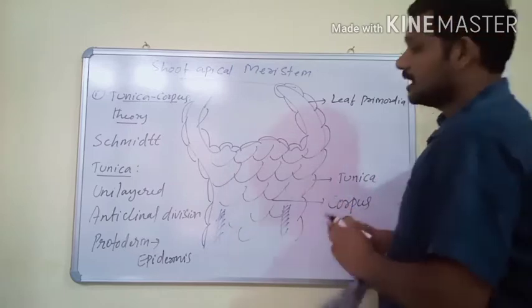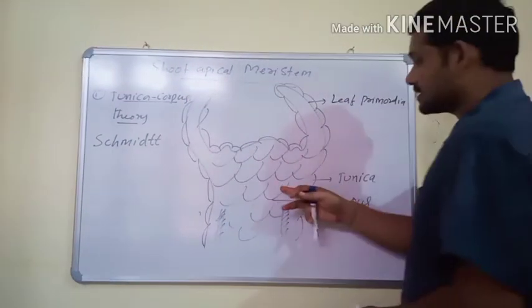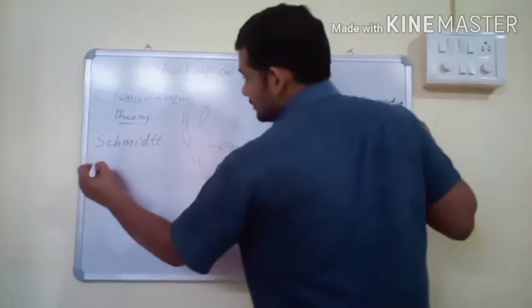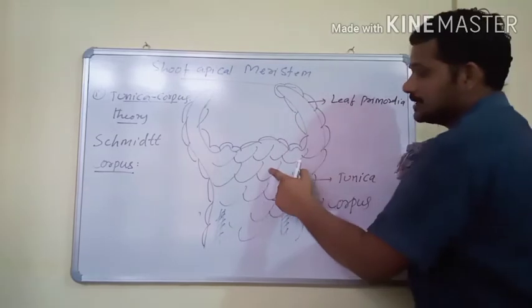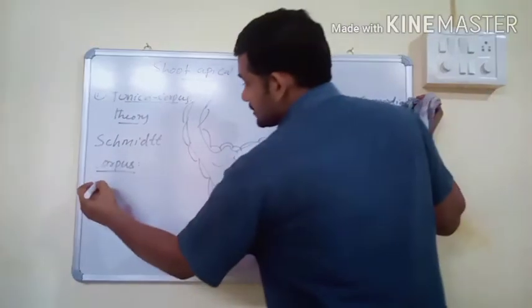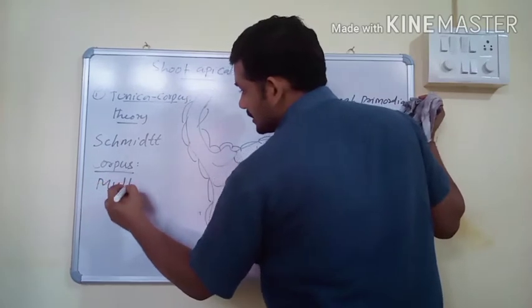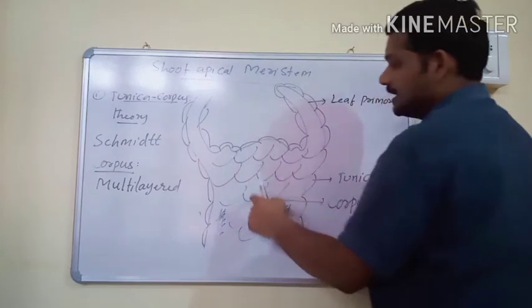Next, corpus. The inner region of the shoot apical meristem is known as corpus. The cells of corpus are larger than the cells of tunica, and corpus is multi-layered, with many layers of cells.